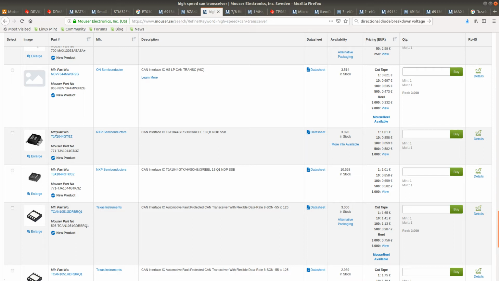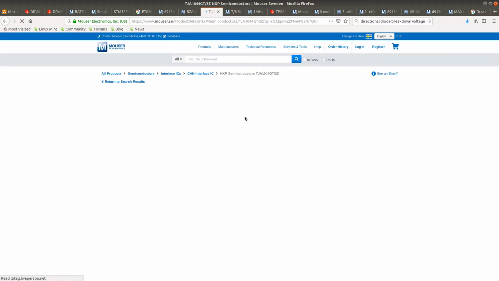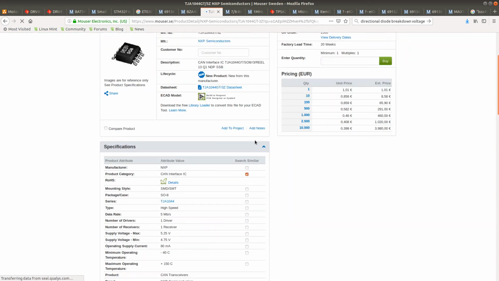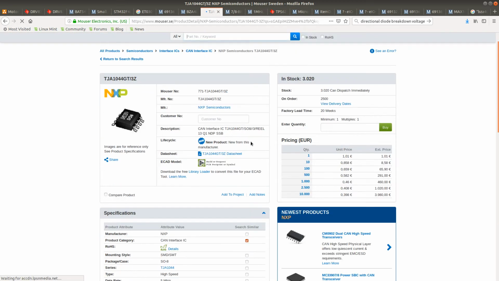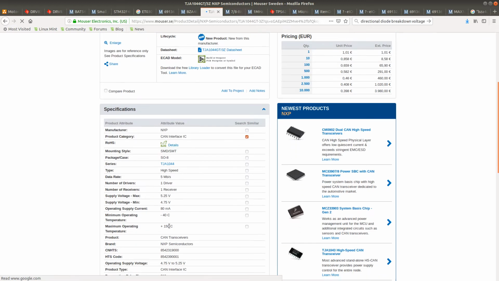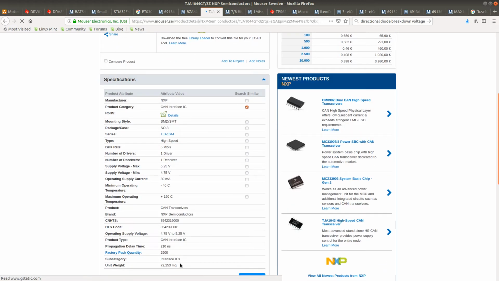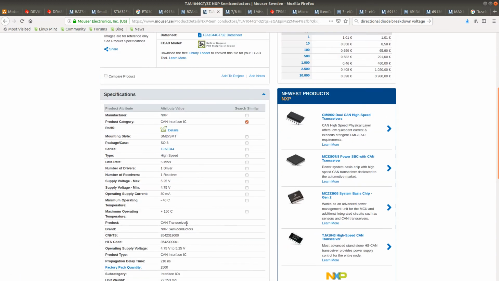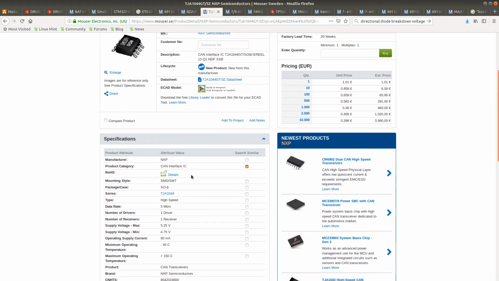So might as well go with the same chip, so that I only have to buy one type of component instead of two. Yeah, 5 megabit per second. One driver, one receiver. CAN interface, TGA 1044.